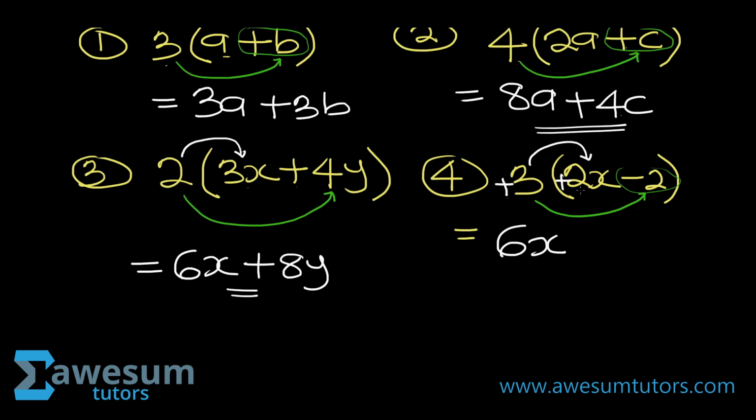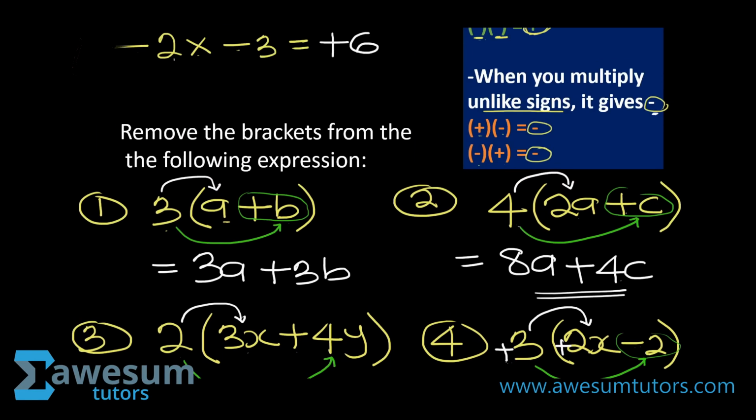Now, the next one is to multiply this one that has negative. How do you do that? Because this is positive 3, you want to multiply it by negative 2. So now, positive times negative right here. Remember, this is unlike signs. Remember what we mentioned earlier: when you multiply unlike signs, it gives you negative.